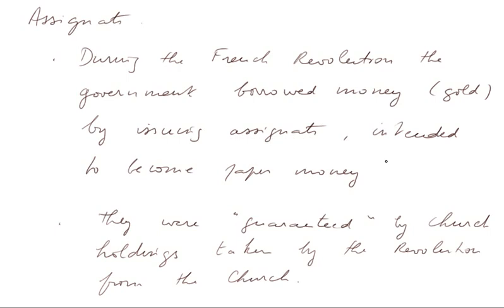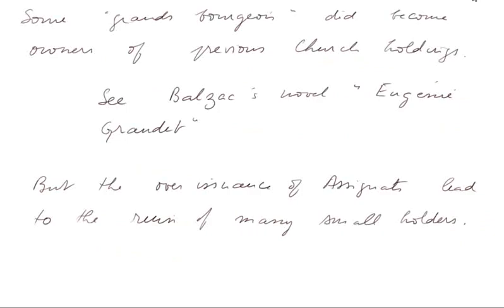They were guaranteed by church holdings taken by the revolution from the church. Indeed, some grand bourgeois later on did become owners of previous church holdings. You may see Balzac's novel Eugénie Grandet for an example. But what happened during the French Revolution is that there was overissuance of assignats, and this led to the ruin of many smallholders.